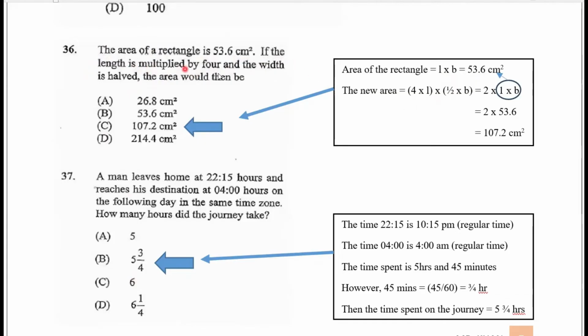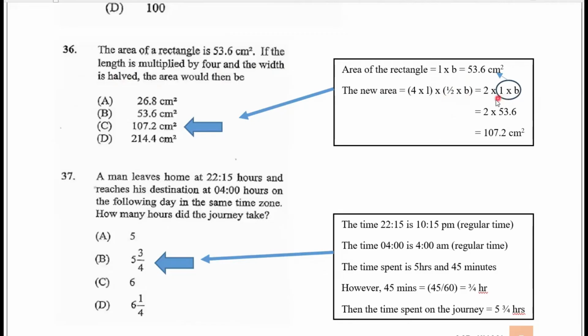You can see the length is multiplied by 4. So instead of L, it'll be 4L. And the width is halved. So instead of B, it will now be a half by B. Now, how is that going to help us? Well, I'll show you. 4 by a half, or a half of 4, is 2. And you remain with L by B.